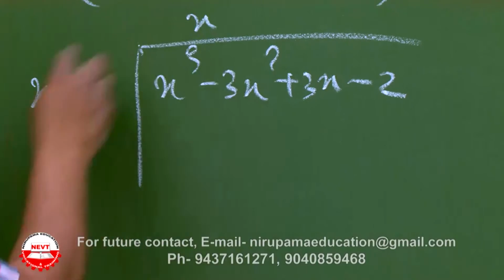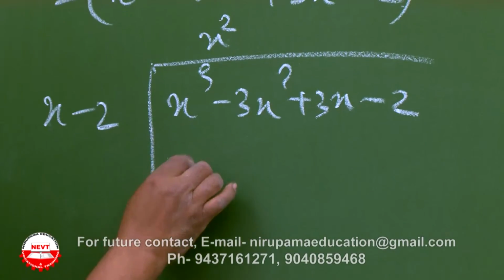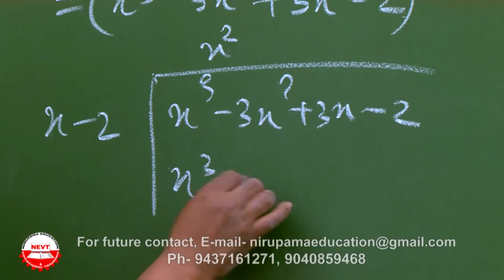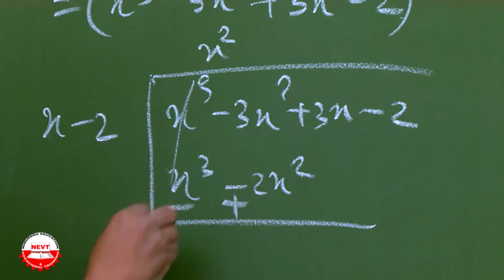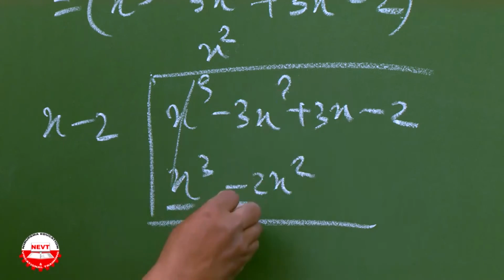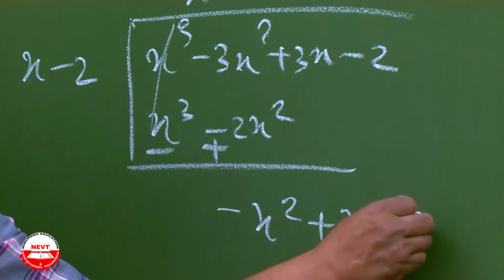Simply put x² here, x² into x gives x³, x² into −2 gives −2x². Minus plus: −3x² + 2x² is −x² + 3x − 2.